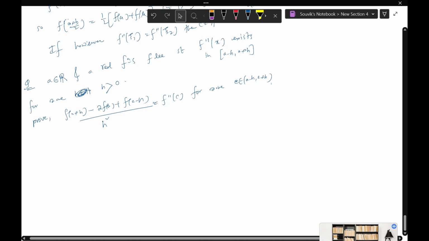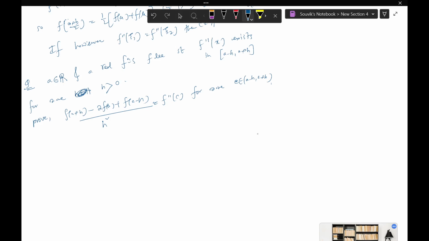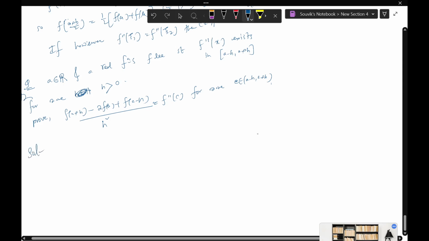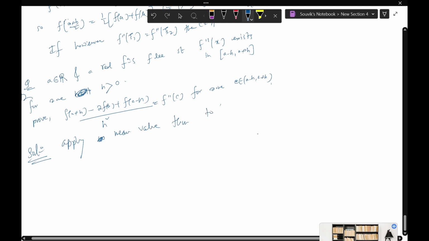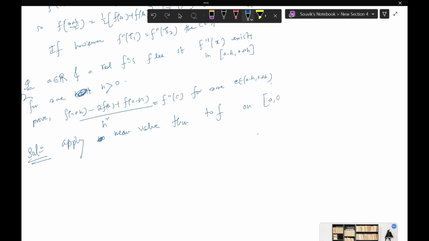The layout will be as follows. So what is it? We apply the mean value theorem to f on a, a plus h and on a minus h.